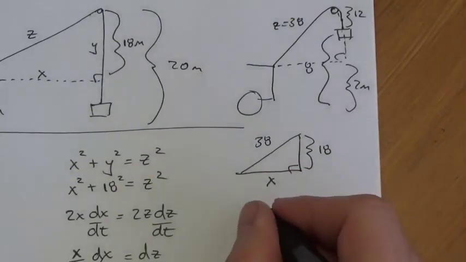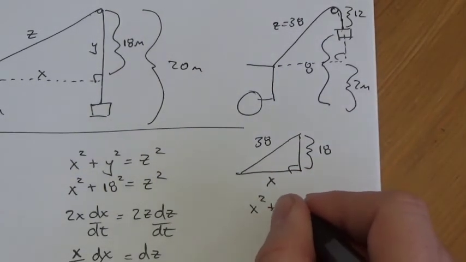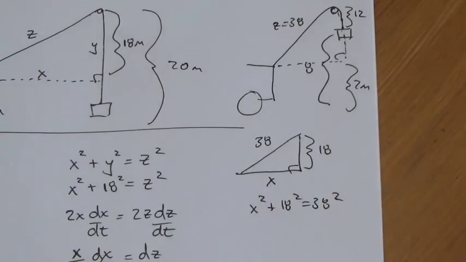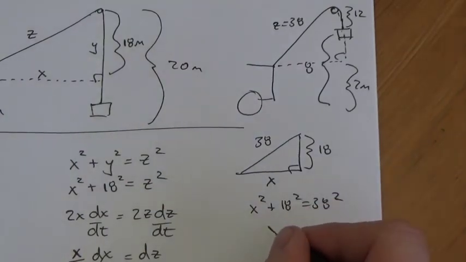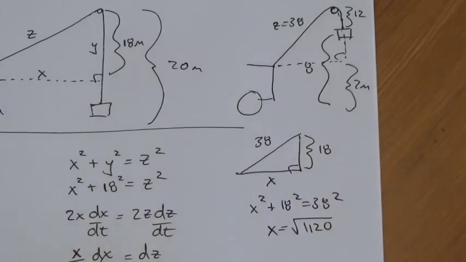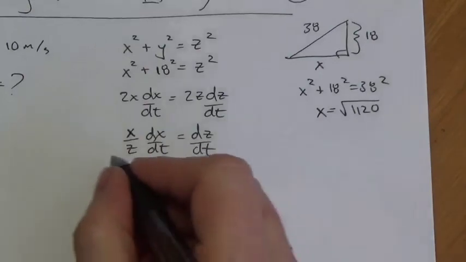Now, this is just the Pythagorean theorem, so x squared plus 18 squared will equal 38 squared. I'm hoping that this works out nicely, but I'm doubting it. And it doesn't. That's okay. So x is going to equal the square root of 1,120. So now I'm just going to plug that all in.